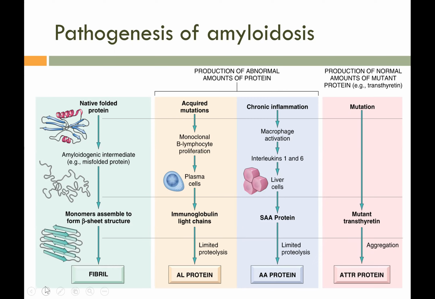The AL protein is made up of complete immunoglobulin light chains, the amino terminal fragments of light chains, or both. The AA is a form of amyloid derived from a unique non-immunoglobulin protein made by the liver. It is found in the fibrils.